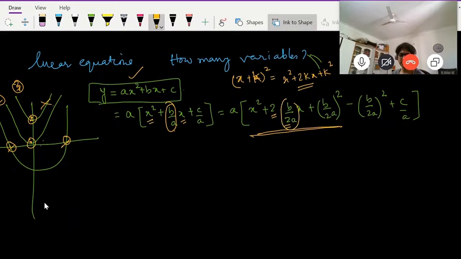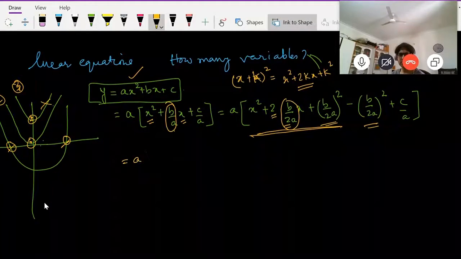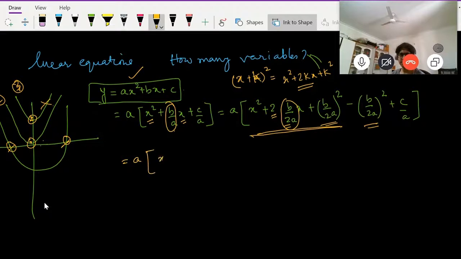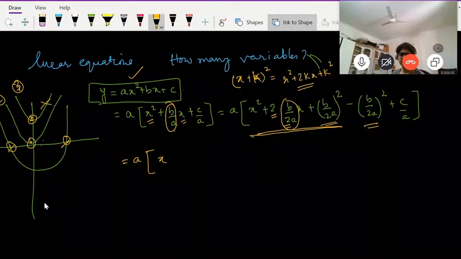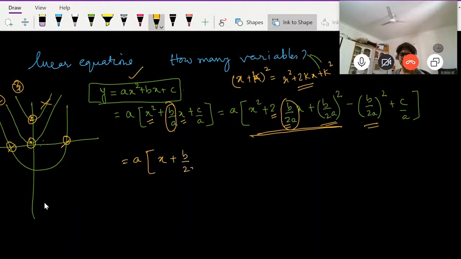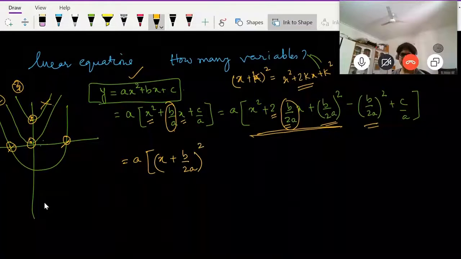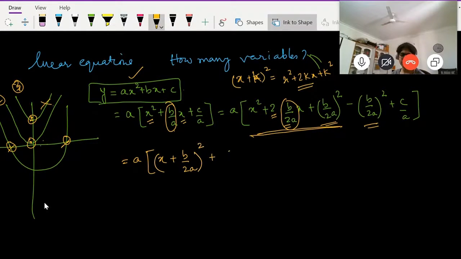And because I brought b by 2a, I had to bring in a square of that to make this a complete square. And then I subtracted the same term so that overall the expression doesn't change. Clear?